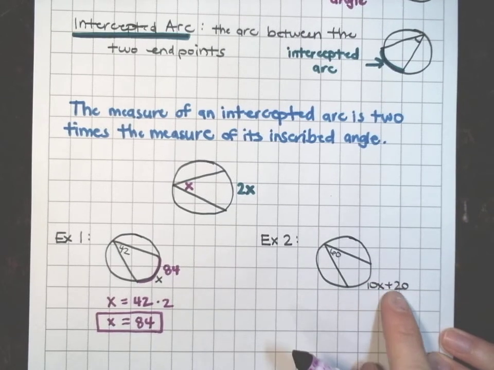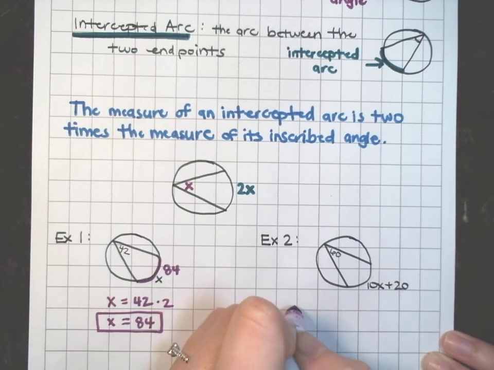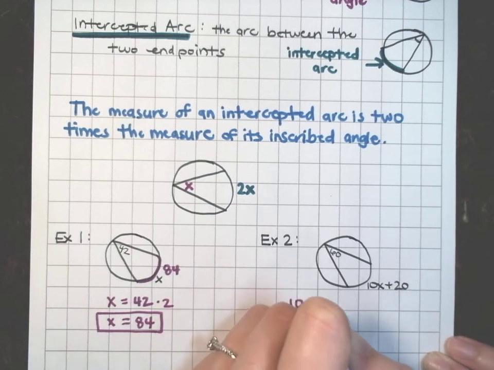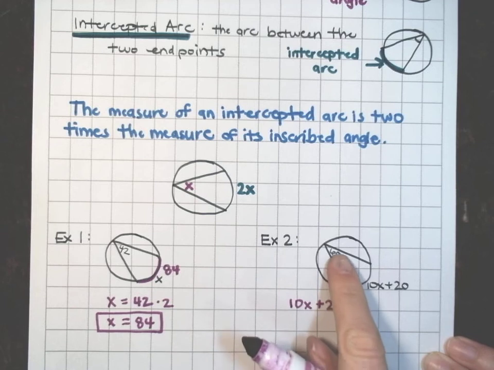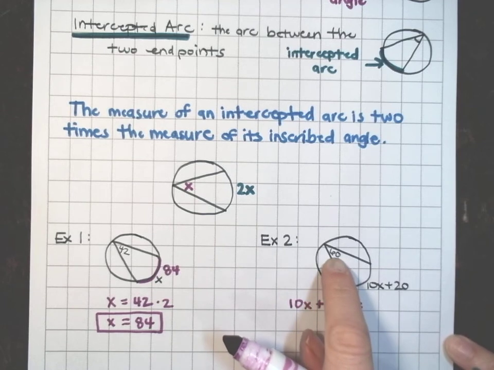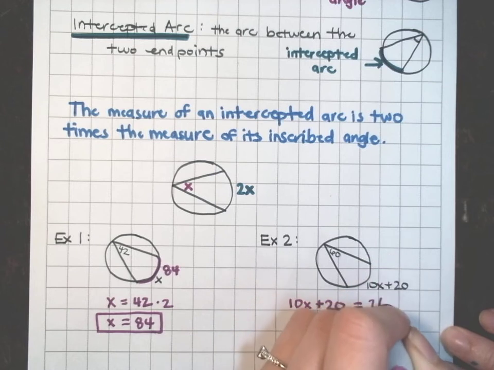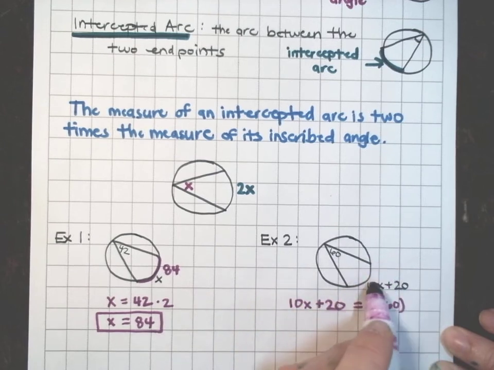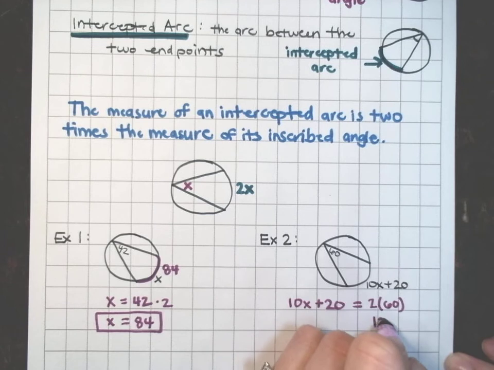Okay, so we know that we're trying to solve for x, so we have 10x plus 20. But remember, 10x plus 20 doesn't equal 60, right? It equals 2 times 60, right? Our arc is double that, which would be 120.